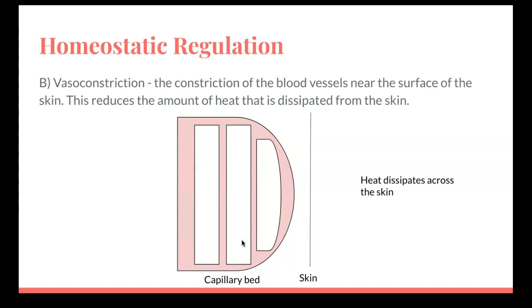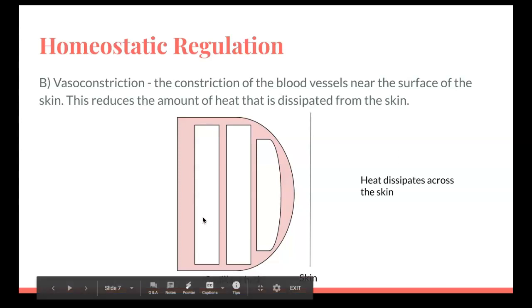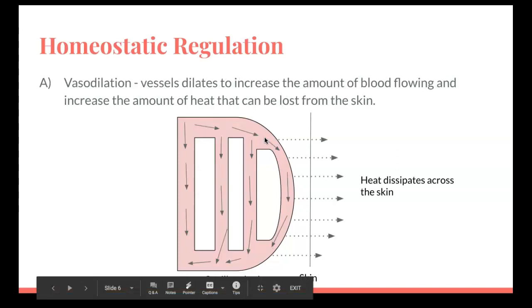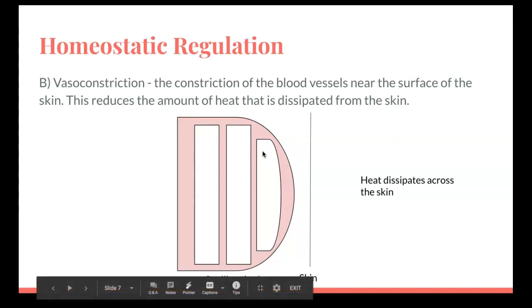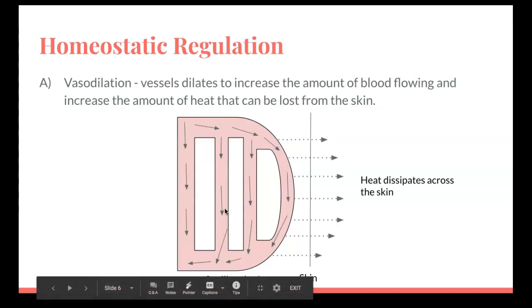If we're doing the opposite process, which is called vasoconstriction, think of a boa constrictor. They squeeze around their prey to basically suffocate or kill them. So if we're constricting our blood vessels, they're going to be a lot smaller. If I compare this picture to this picture, you can see that the capillaries, which are these guys right here, are a lot smaller than they were in this picture.